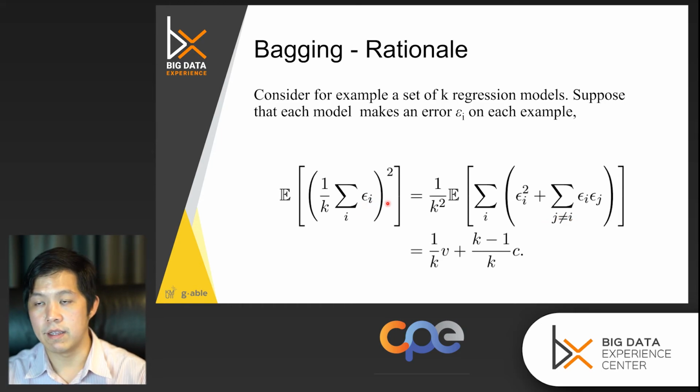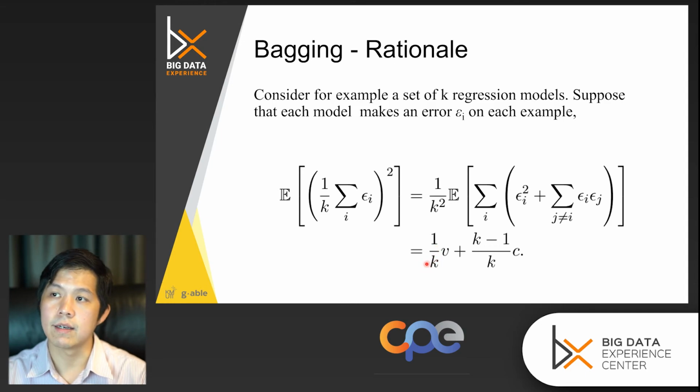If it's not equal to one another, when you perform the expectation, you get the result as 1 over k of v plus k minus 1 over k of a certain constant value. And this means that the variance in the data would be reduced according to the factor of k.